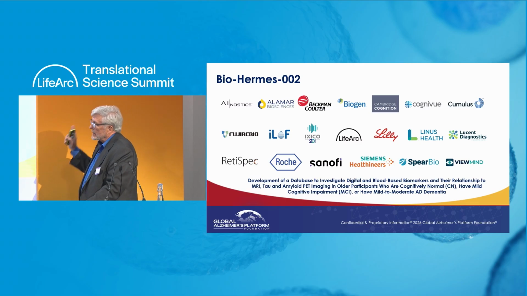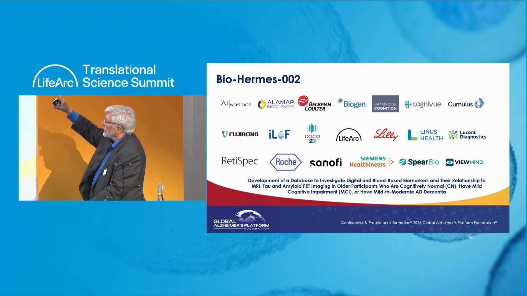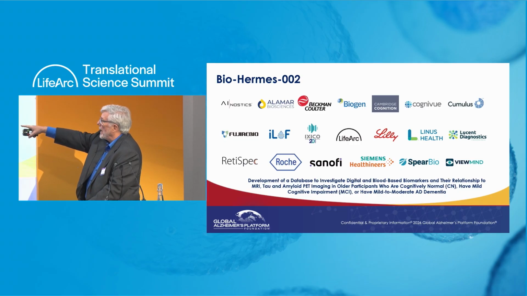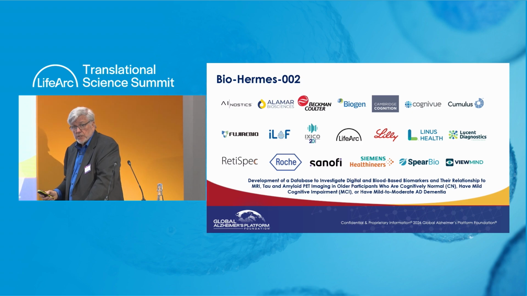We've got tau PET, amyloid PET, a particularly demanding MRI, and once again, even more blood tests, as you can see. Allow me to just point out a couple things. There's Spear Bio, Alamar, Roche, Siemens, a large number of big diagnostic and small diagnostic players.